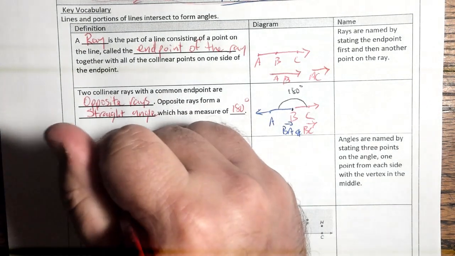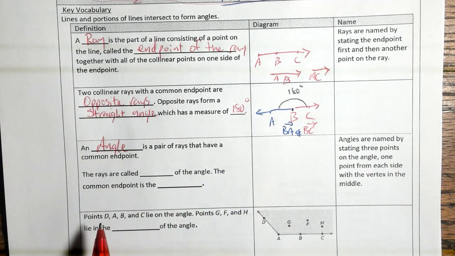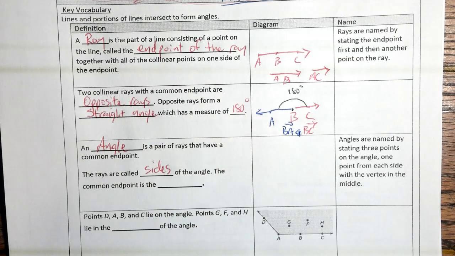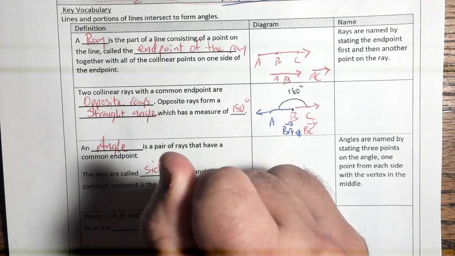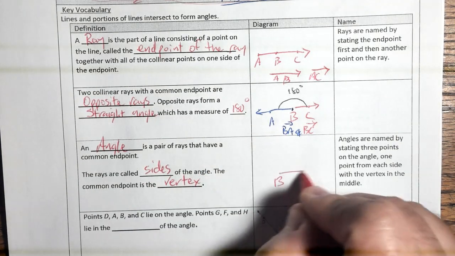An angle is a pair of rays that have a common endpoint. The rays are called the sides of the angle. The common endpoint is the vertex. Okay, let's say we're going to draw ray BC again here.